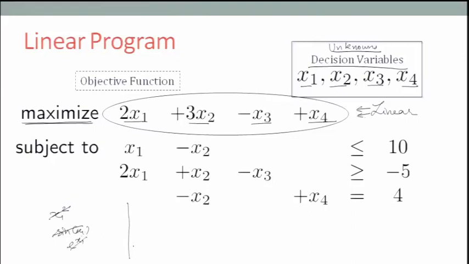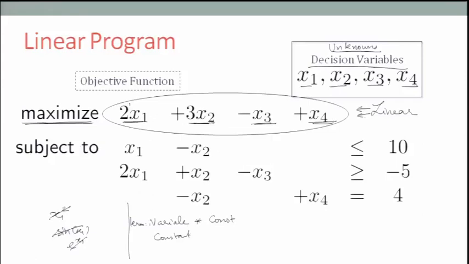But what can you have? Well, you can have a variable times a constant, and that's a term. A term can be a constant. And you can make up a linear function by adding up these kinds of terms.